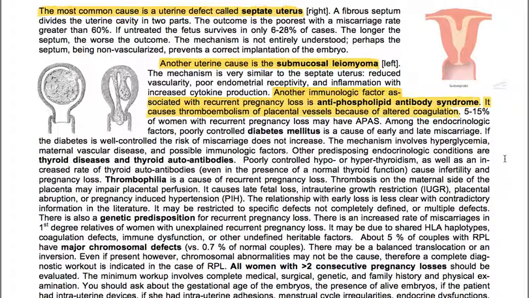About 5% of couples with recurrent pregnancy losses have major chromosomal defects, versus 0.7% of normal couples. There may be a balanced translocation or an inversion. Even if present, however, chromosomal abnormalities may not be the cause, therefore a complete diagnostic workup is indicated in the case of recurrent pregnancy losses.